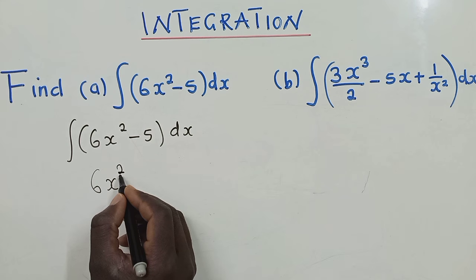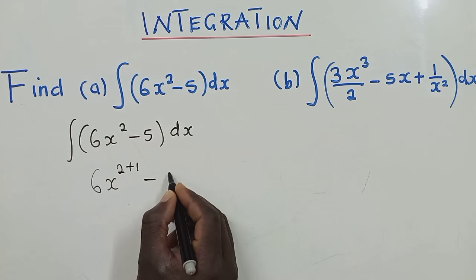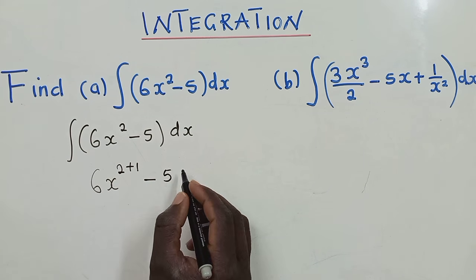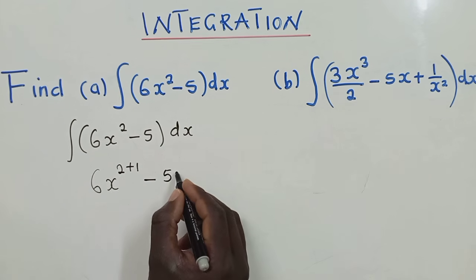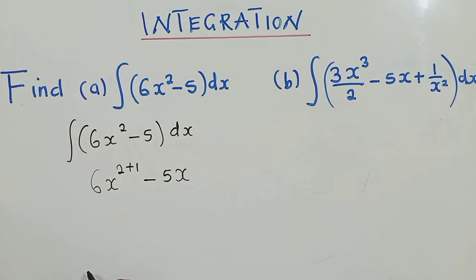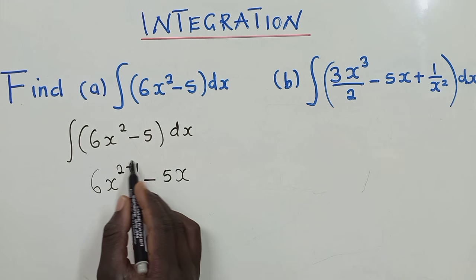So what are you supposed to do to this power? Add a 1. Then you say minus, okay? Where there is no letter and you are integrating, there is only a number. Put the letter that you are expecting. In this case, we are expecting x. So put x.